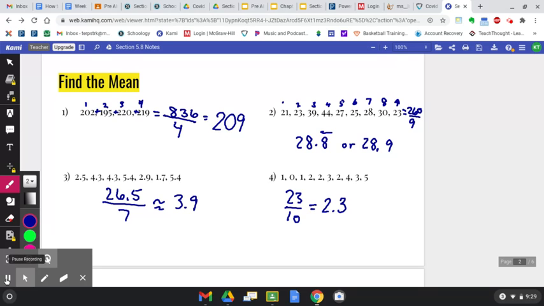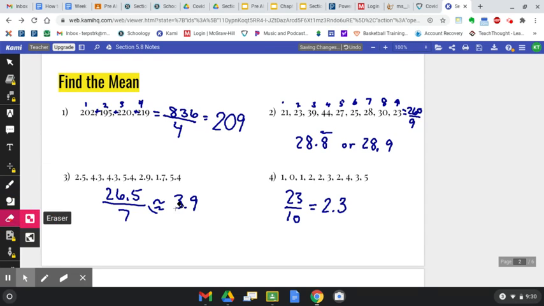All right, so for number 3, when you totaled them all up, it should have been 26.5. There were 7 data points, so we divide by 7. This notation, instead of being equals, this wavy line means approximately.